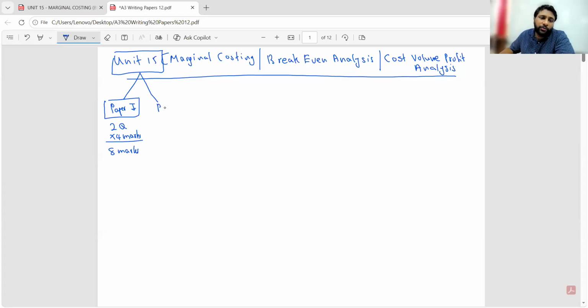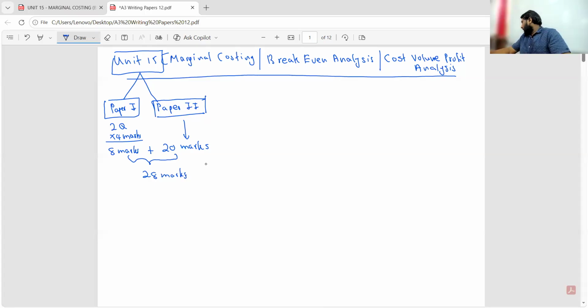And for your paper 2, you will be getting a 20 mark question. One question, people. So altogether for this unit, in your A-level paper, you will be getting 28 marks.